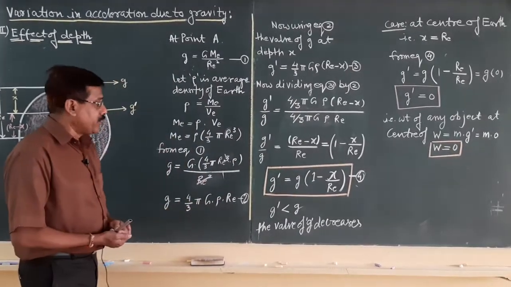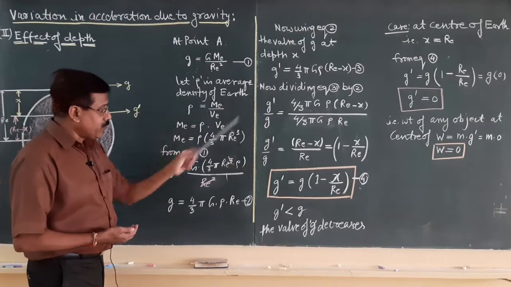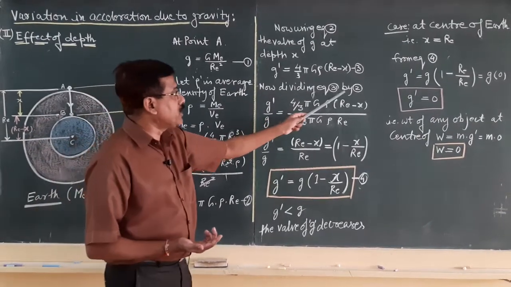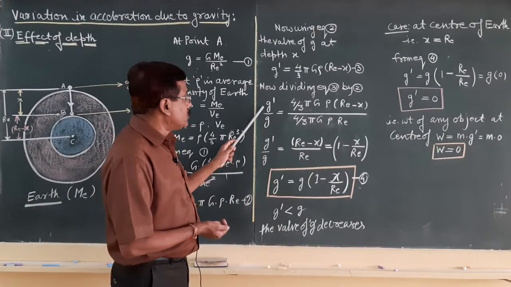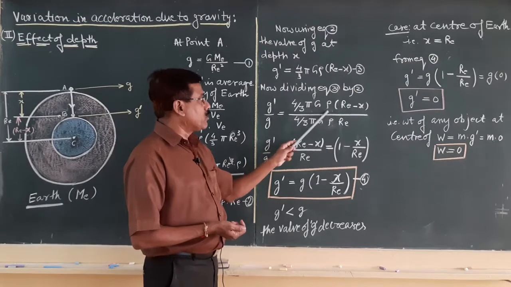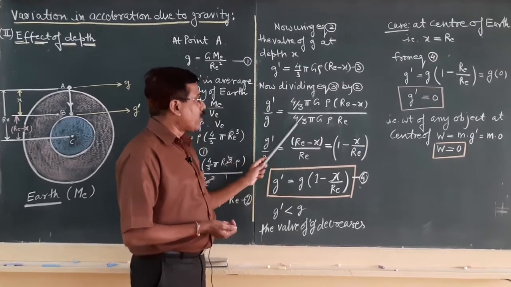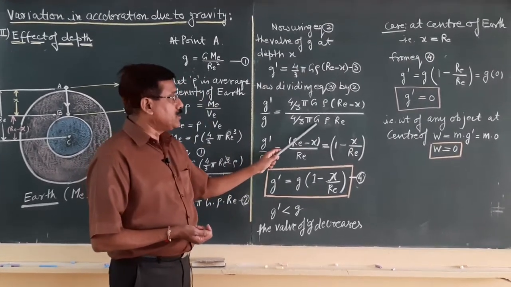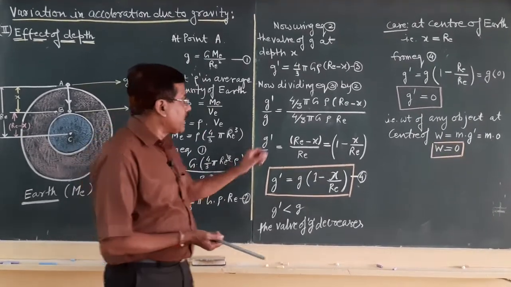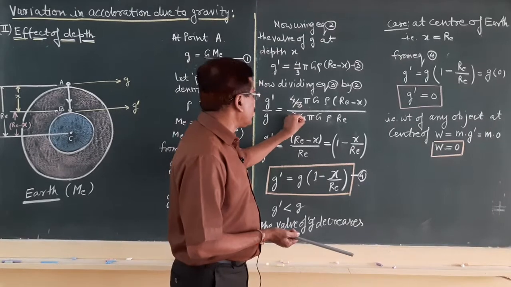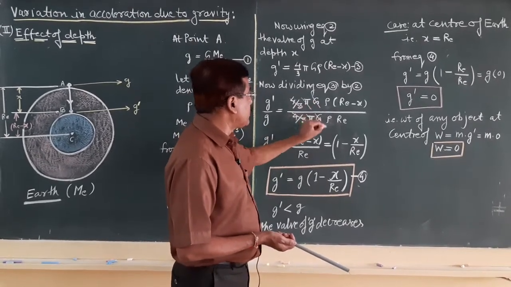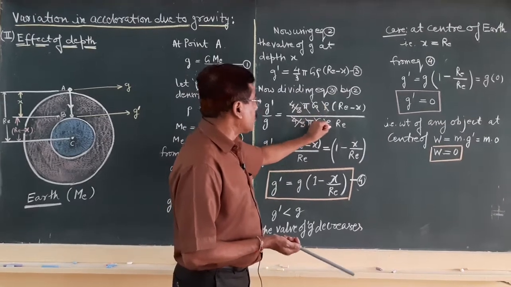Now, we divide equation 3 by equation 2. When you divide equation 3 by 2, we have g dash by g is equal to 4 by 3 pi G rho into Re minus x upon 4 by 3 pi G rho Re. Now, very clearly you can see that 4 by 3 cancels, pi cancels, capital G cancels, rho cancels.